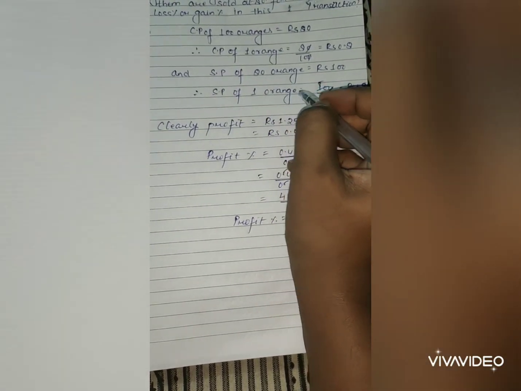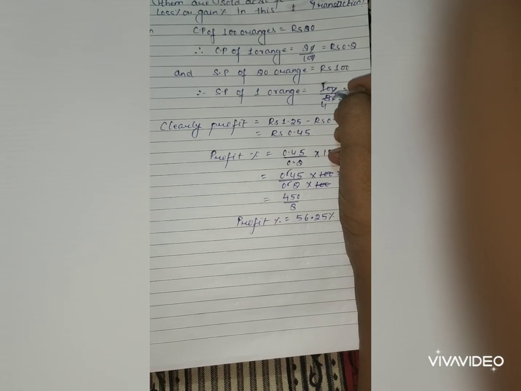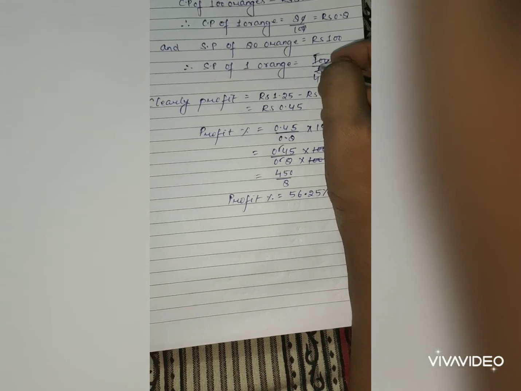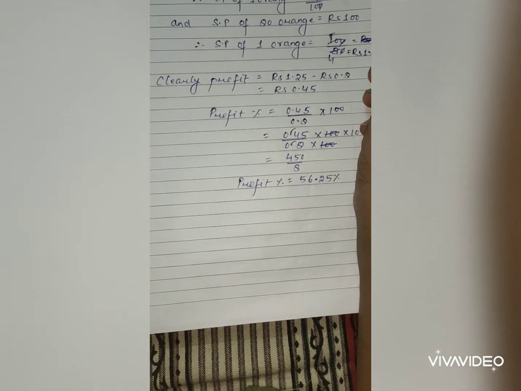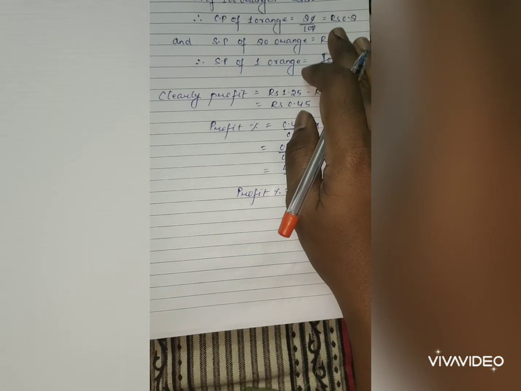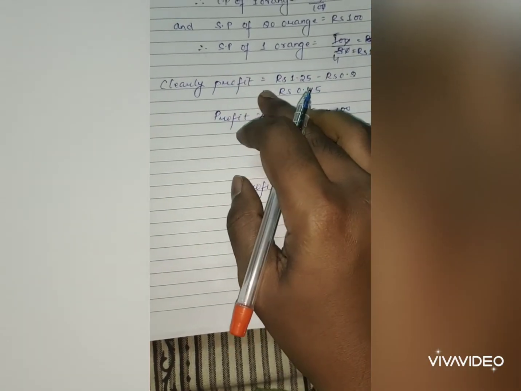So selling price of one orange will be 100 upon 80. That will be 1.25. Clear? So selling price is 1.25 and cost price is 0.8, means clearly we are getting profit.